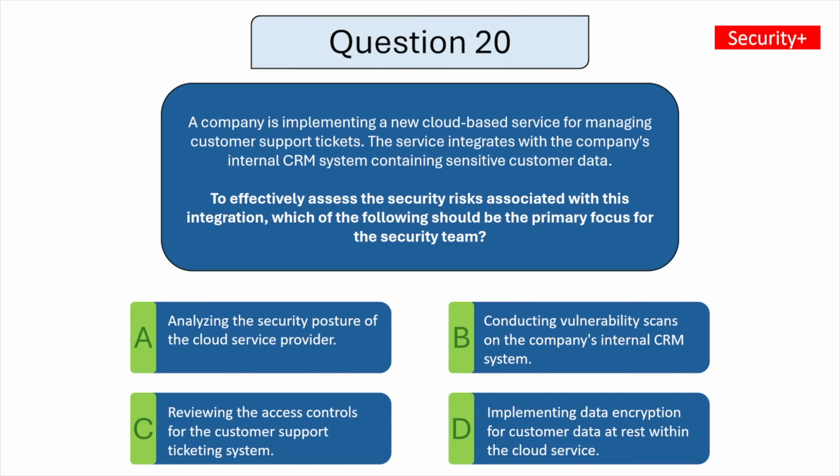Okay, so let's take a look at these. The security focus here is the integration portion. So it's not A, the main focus is integration security, not the cloud service provider, I would say. And it's not B for the same reason as A. C is a good choice.